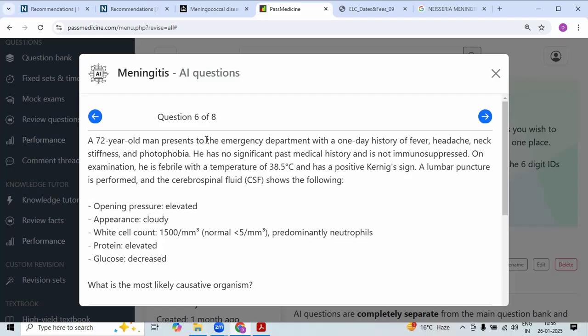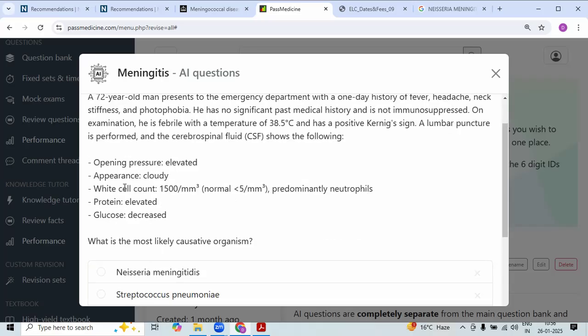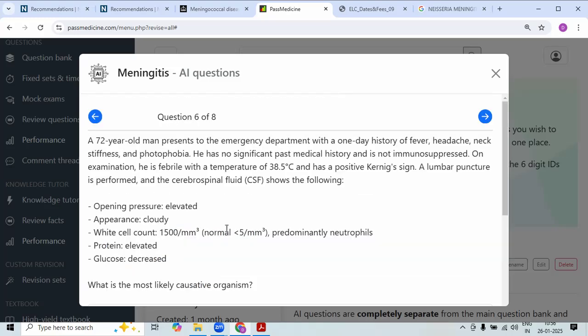A 72-year-old man presents to the emergency department. He has no significant past medical history, and on examination he's febrile with a temperature of 38.5 degrees, and he has positive meningeal signs. A lumbar puncture is performed, and the CSF shows the following. It's cloudy, WBC is high, neutrophils and protein high. So this looks like bacterial.